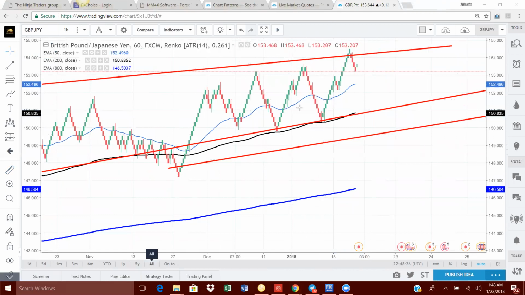So let us be patient. If you sell from now, it's very risky because it's an uptrend, and you must have a big stop loss. Then you will have to have a smaller lot size, even if you have a bigger account.